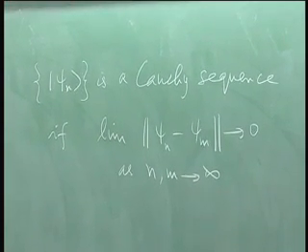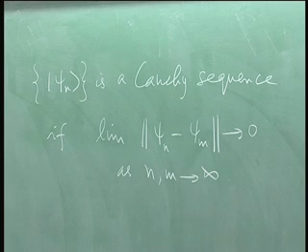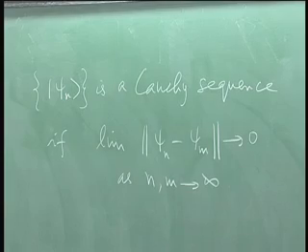So this vector difference, psi n vector minus psi m vector, that vector must have 0 length in the limit, must tend to the null vector as n and m tend to infinity. Then that sequence is called a Cauchy sequence.